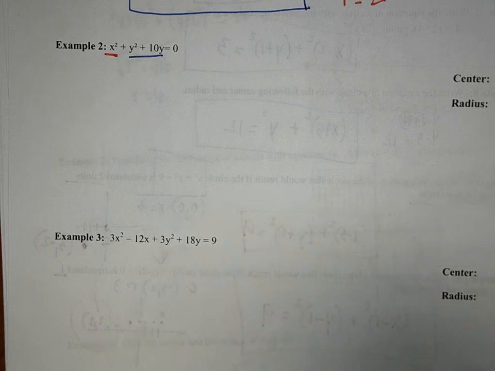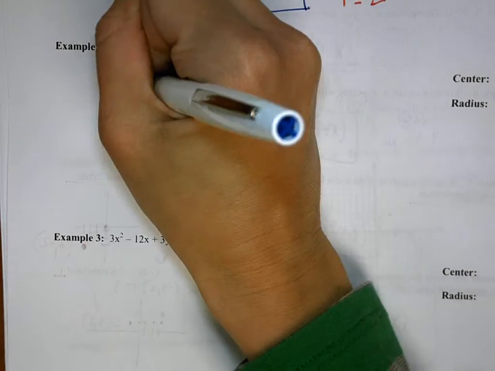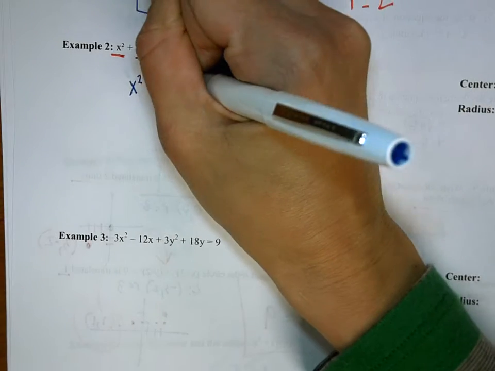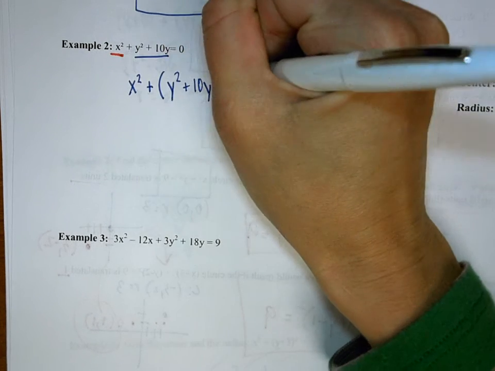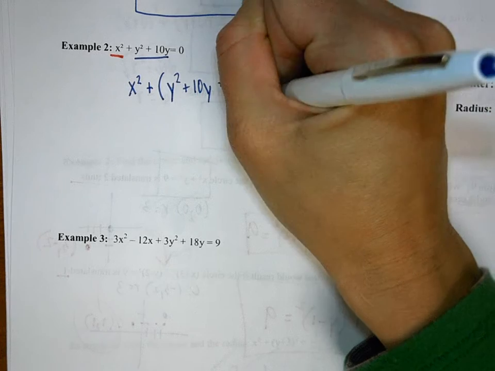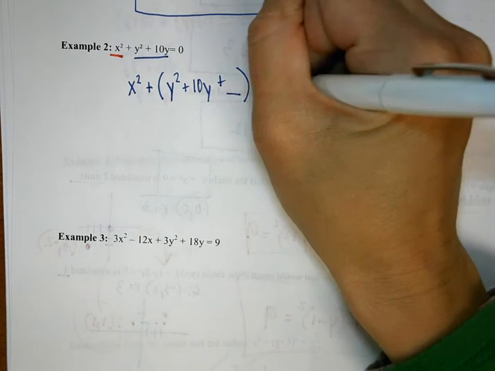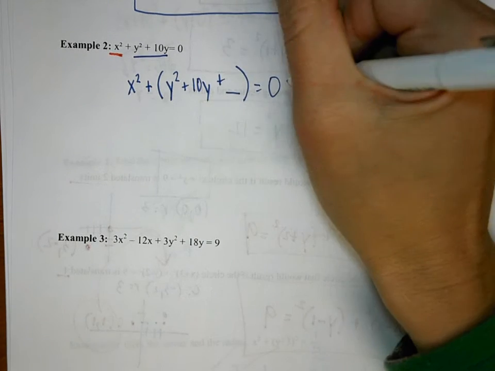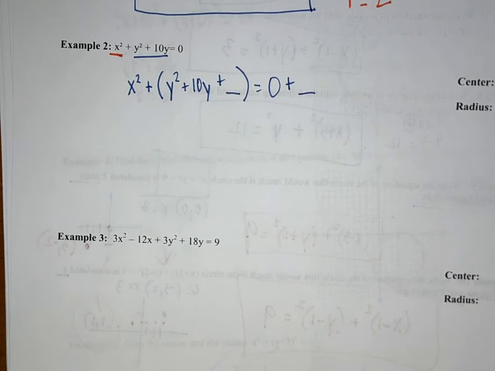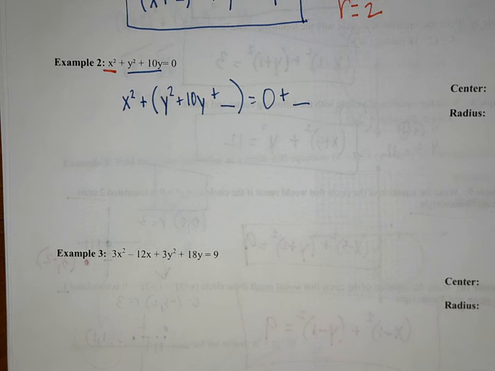So when I write this out, I'm going to write x squared plus, and then for the y's, y squared plus 10y plus blank, close our parentheses, equals 0. And since I have a blank here, I also need that same blank on the other side of the equation because we have to add the same thing to both sides to be fair.